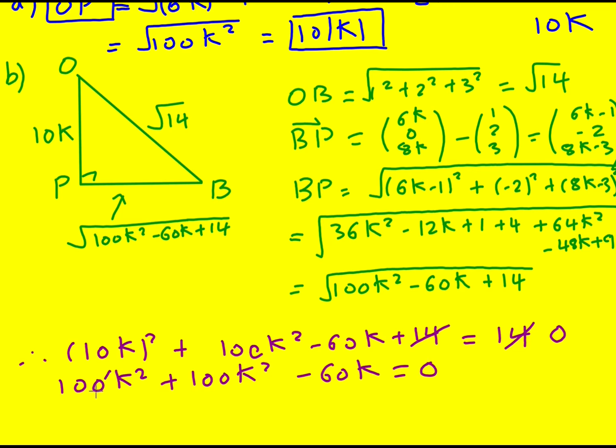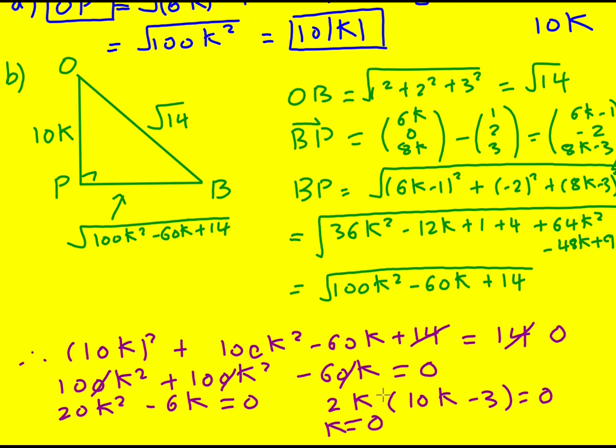I can, in fact, divide through by 10. So 20K squared minus 6K is equal to 0. I can even divide through by 2 or factorize the 2 out. 2K, actually, I can factorize out, leaving me 10K minus 3 equals 0.